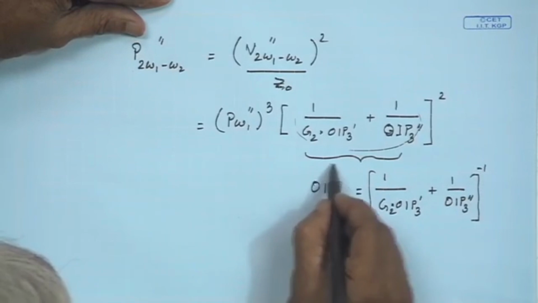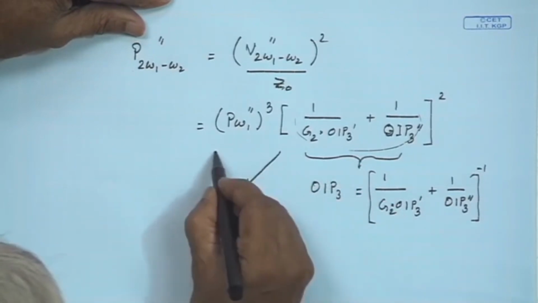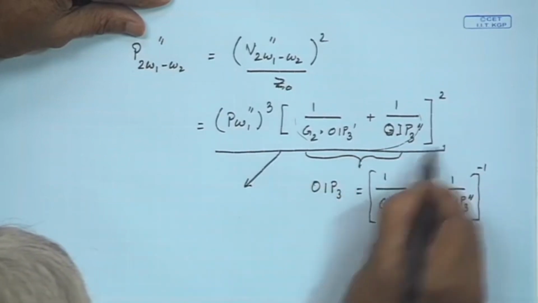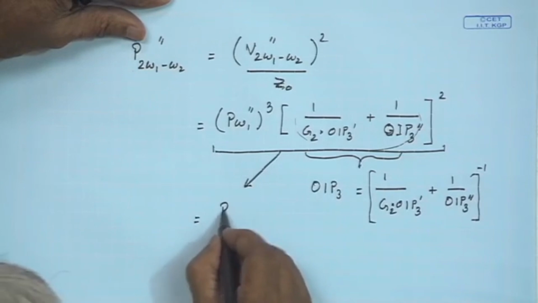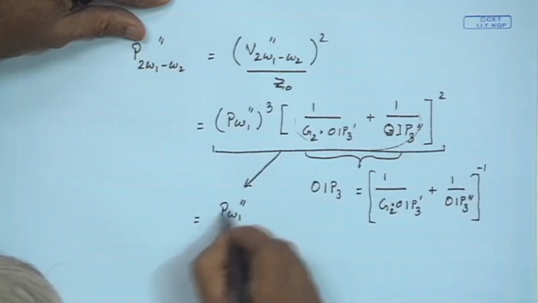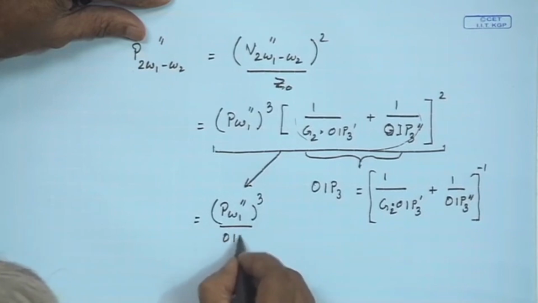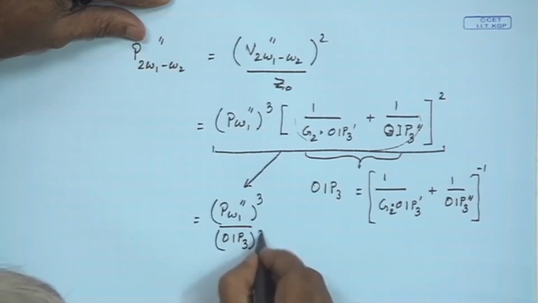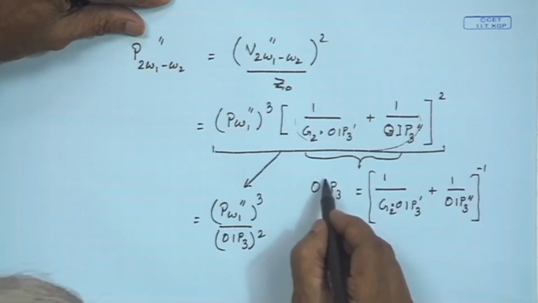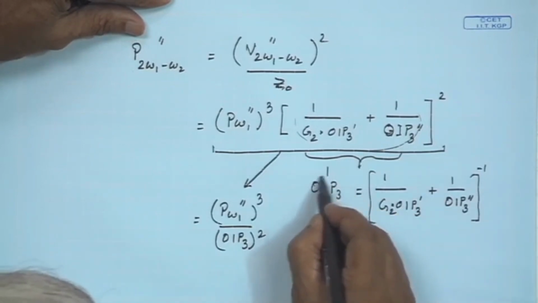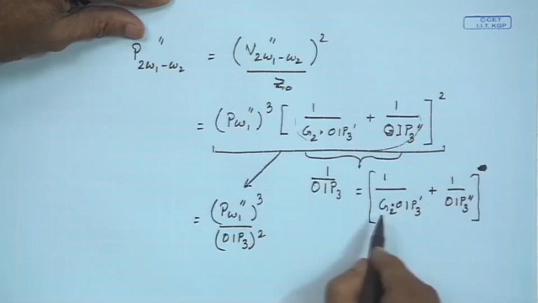Then the whole thing comes out to be P omega 1 double prime cube by OIP3 squared, because the square term is there.